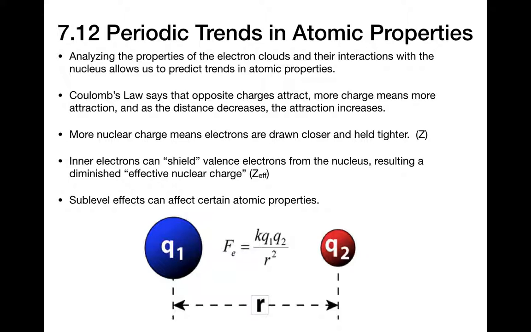The amount of nuclear charge can affect how strongly the electrons are drawn towards the nucleus. So in other words, atoms with a higher atomic number Z attract their electrons with a greater attraction. However, inner electrons or core electrons can shield the valence electrons from the nucleus, and that diminishes the effect of the nuclear charge.